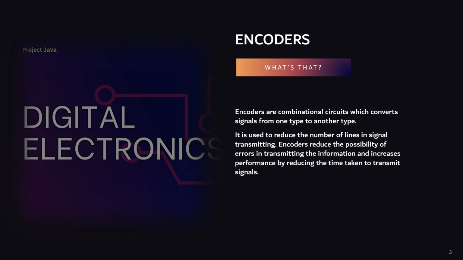What I can do is simply encode the decimal number into just three binary output lines, which I can transmit there, and with the help of a decoder, the person who is receiving the data can decode the signal. So encoders are used to reduce the number of lines in signal transmitting. They reduce the possibility of errors in transmitting the information and increase performance by reducing the time taken to transmit signals. That's very obvious and very important when it comes to signal transmitting.